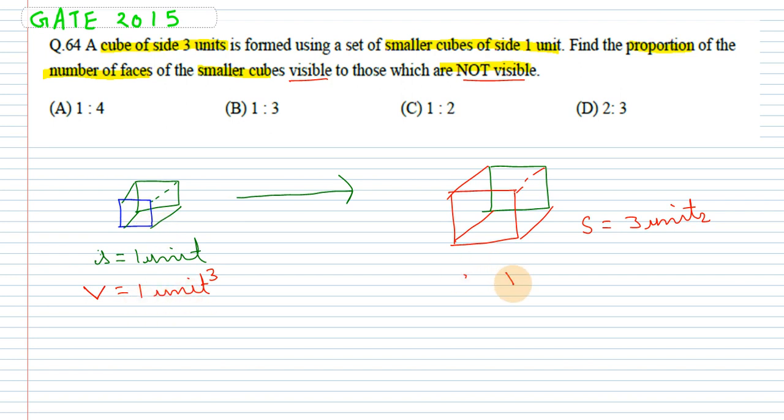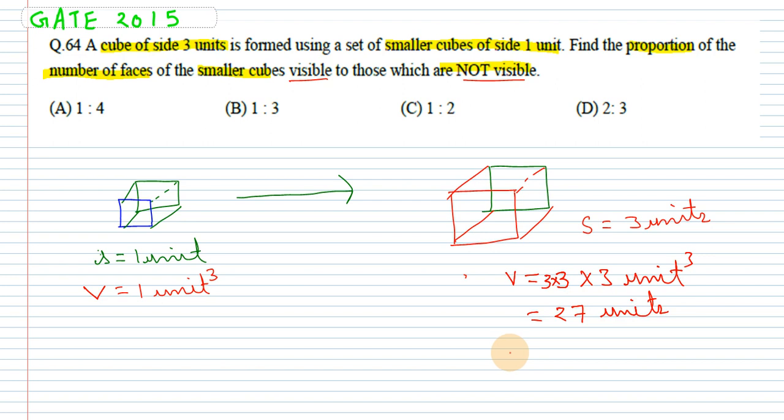Sorry, it is the volume, not the area. And the volume of this bigger cube, which is made from the smaller cubes, with a side of 3, will be 3 into 3 into 3, which is 27 unit cube.